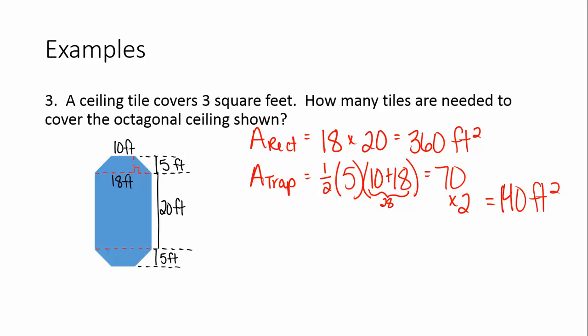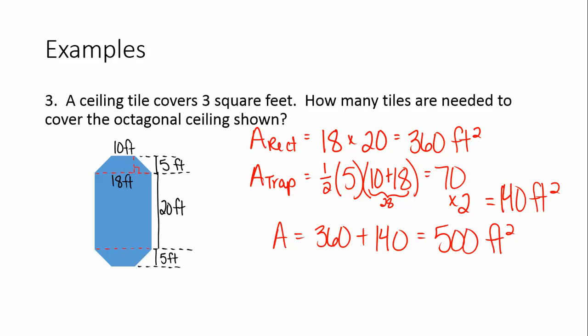So if we find the area of the entire ceiling, that would be the rectangle plus both of the trapezoids. So that's 360 plus 140. That's 500 feet squared. And now we're told that one ceiling tile covers roughly 3 square feet.